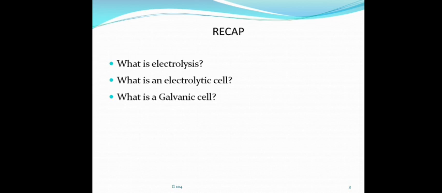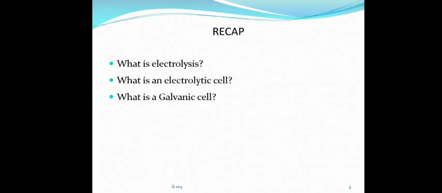How does it produce electricity? There are some chemical reactions taking place in it, due to which electricity is produced. It is a device which converts chemical energy into electrical energy. How? Some oxidation reduction, which we call a redox reaction, takes place in it, due to which there will be a flow of electric current from one point to another point.